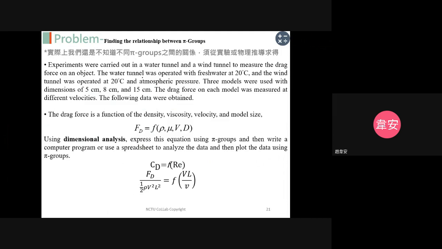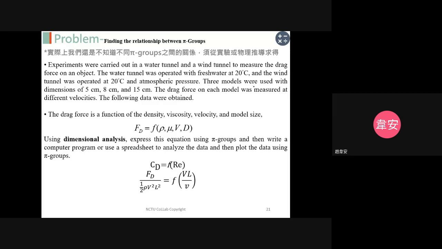So the experiments were carried out in a water tunnel and a wind tunnel to measure the drag force on an object. The water tunnel was operated with fresh water at 20 degrees, and the wind tunnel was operated at 20 degrees also, and at atmospheric pressure.